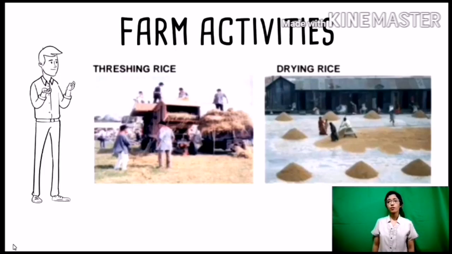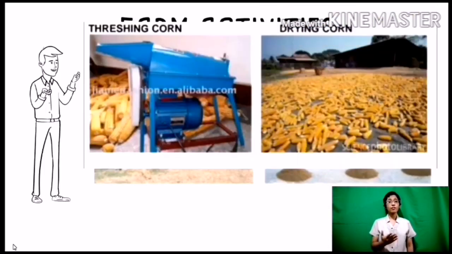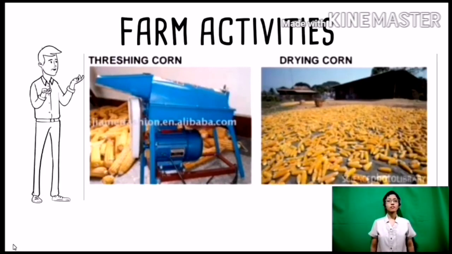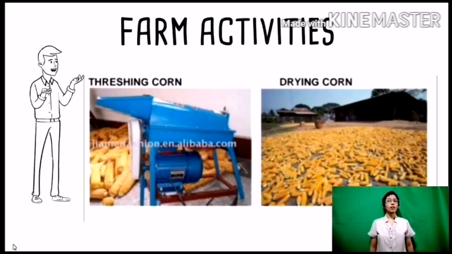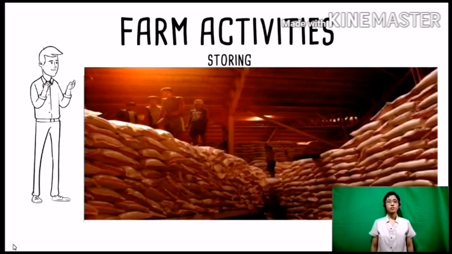After the process of harvesting is the threshing, which is to separate the grain from a plant. After the separation, the grains will be dried and finally will be ready to store. It is important to store the grains in a dry, well-ventilated place which will prevent it from rotting.